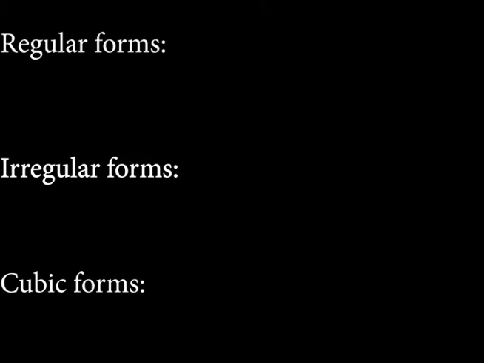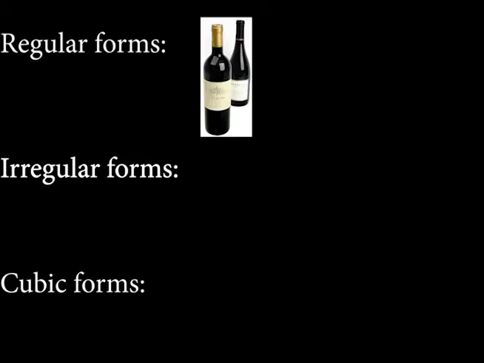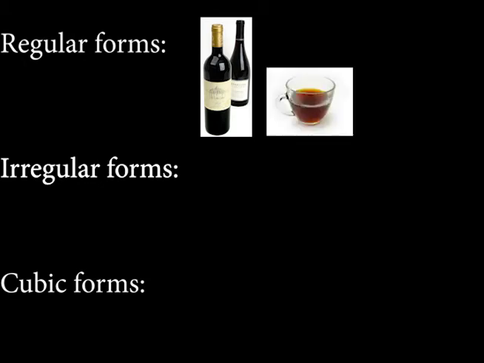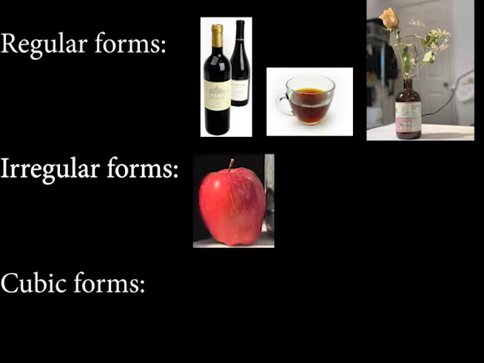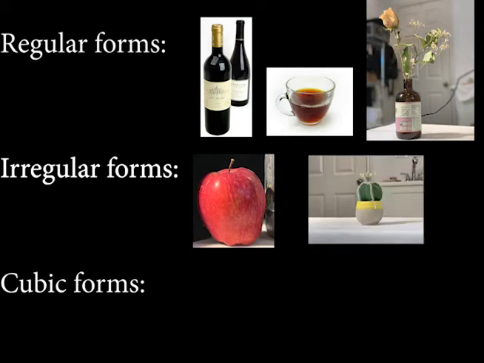Examples can include a wine bottle, a glass cup, a vase, or any sort of container. Irregular forms are organic objects derived from nature. Examples could include a variety of fruits and anything that you can find in nature.